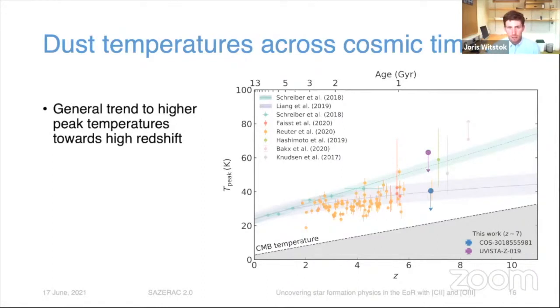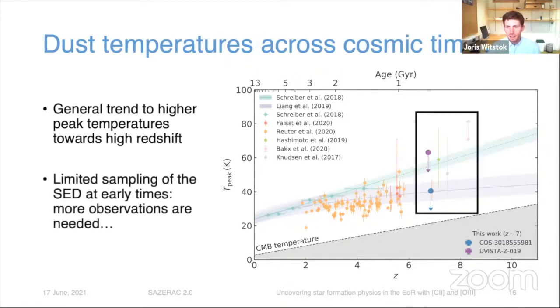But I think the only thing we can really conclusively say about this is that there's just no clear picture at high redshift yet. That mostly comes down to most of these systems only having at most 2 or 3 photometric data points. And so as Sander already pointed out, we just need more measurements.